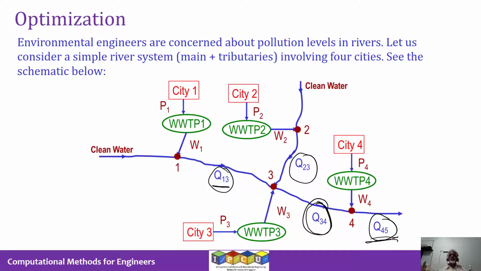There are no temperature effects here, so you might understand that if you make a model for the steady state operation of the system, you're going to look at mass balances. You're not looking at energy balance here because no temperature effects are assumed. So we are going to look at mass balance at junctions 1, 2, 3, and 4.